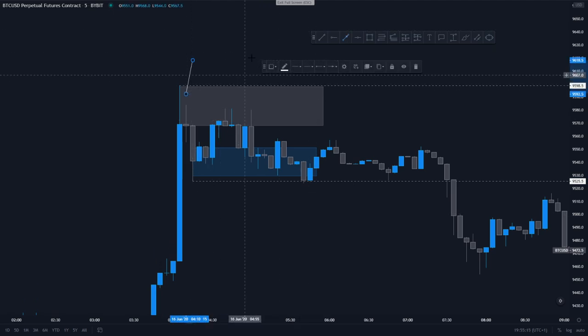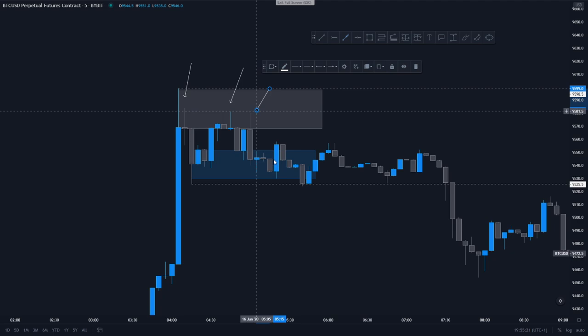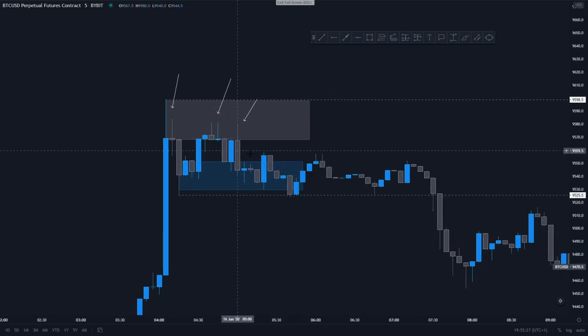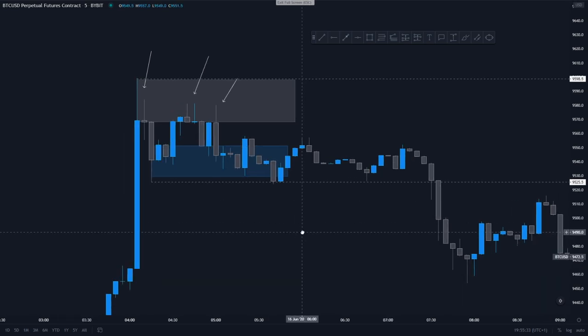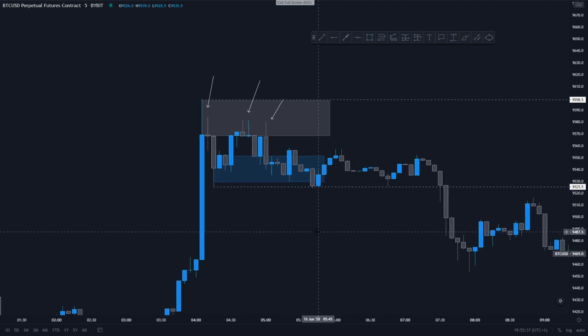So you already had 3 swing highs. What that means, guys, is that the traders, the sellers who want to short, have probably filled their orders. They need 2 or 3 times to do that.